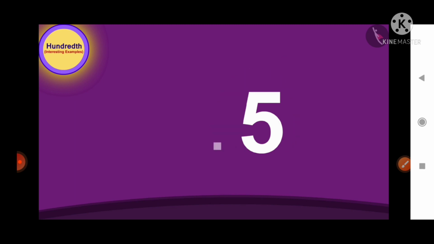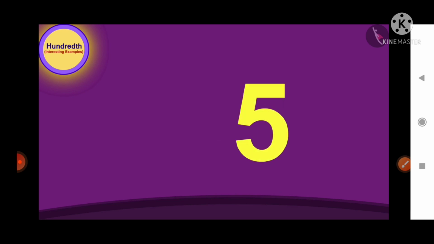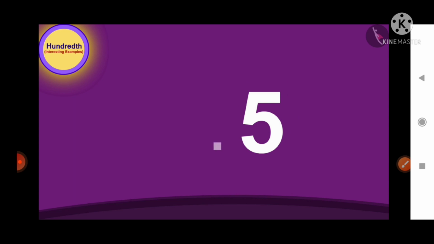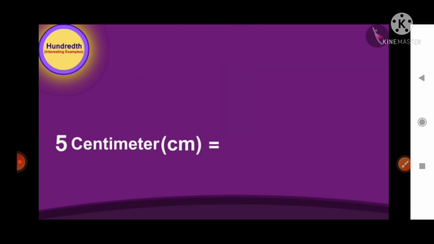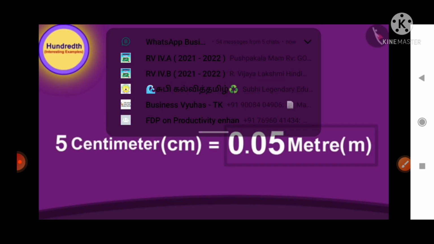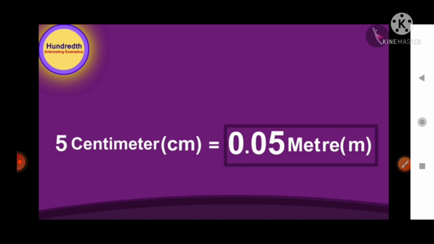And then, because 5 is made up of only one digit, we will once again move the decimal to the left by adding a 0 to the left of 5. In this way, 5 centimeters is 0.05 meters.